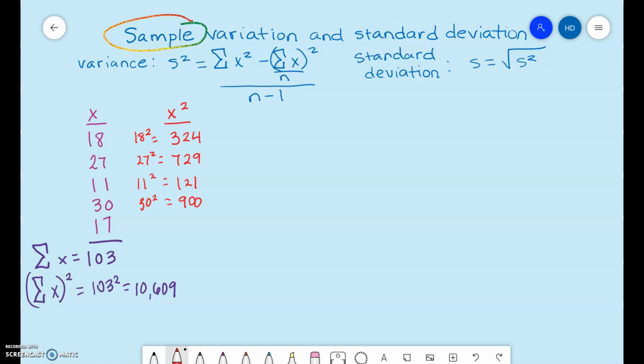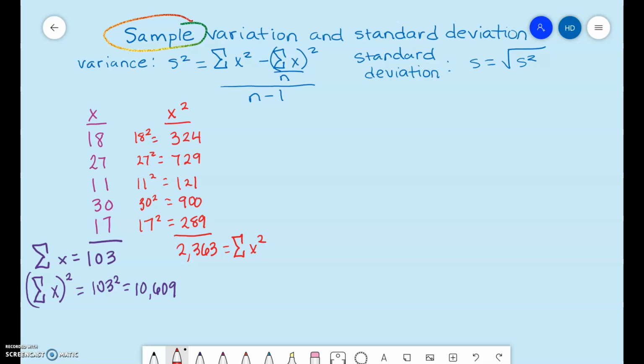And 17 squared, which is 289. So we have to sum our x squares, and when you do that, you're going to get 2,363, and that equals the sum of our x squares.